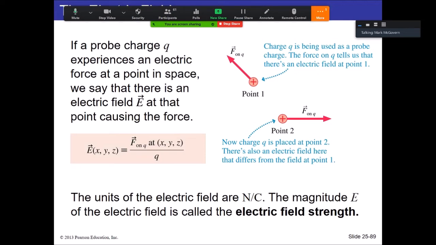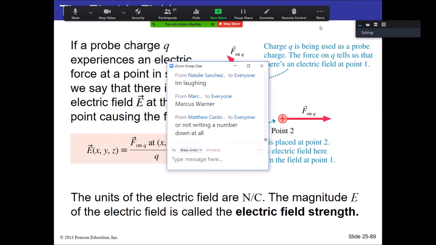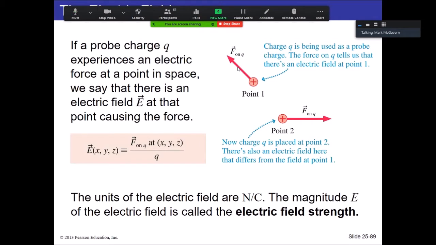If you divide out one of the q's, what you will get is an expression for the electric field. It has a very similar appearance to Coulomb's law, except it has one less q in it. And the q that is in there is what we call the source charge. It's the one that's producing the field, and other things are going to respond to that field.